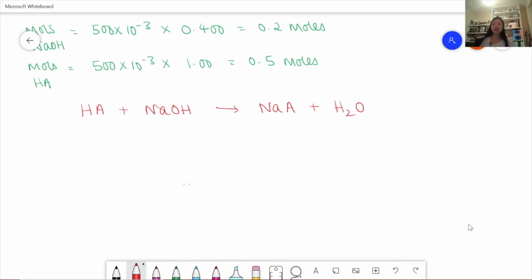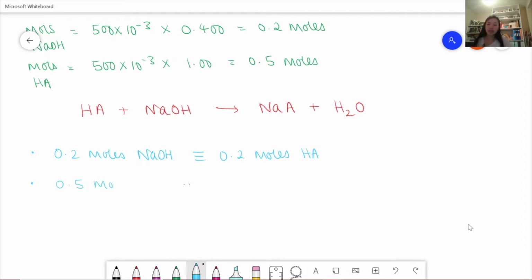And so we have two different scenarios. The first scenario is if we use 0.2 moles of sodium hydroxide. That will react with 0.2 moles of the weak acid HA. Our second scenario is if we use 0.5 moles of HA.